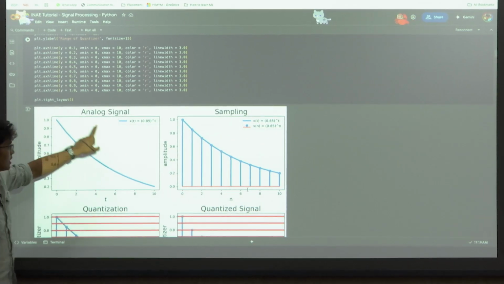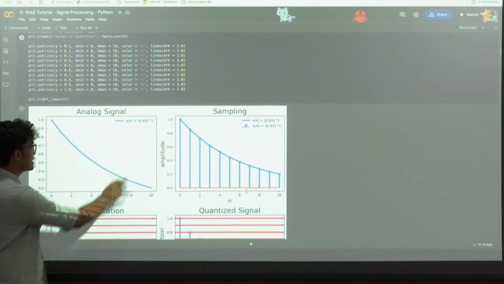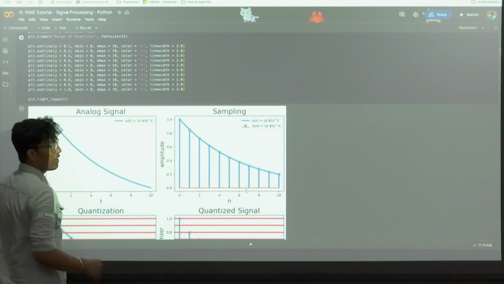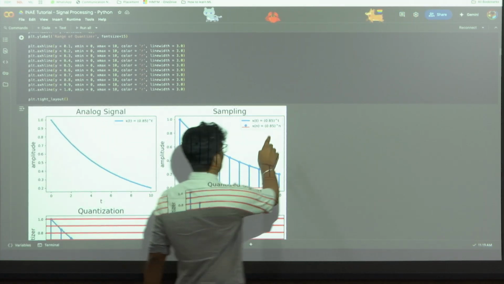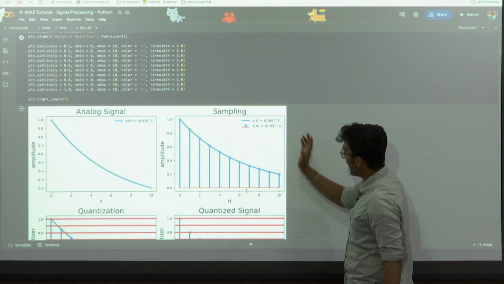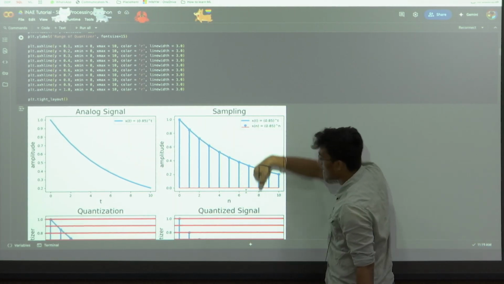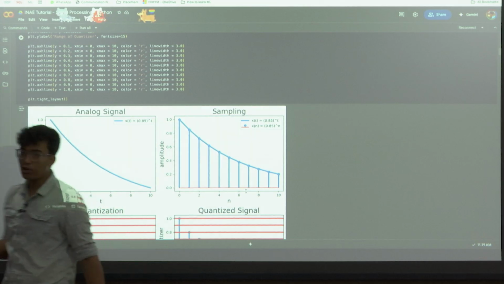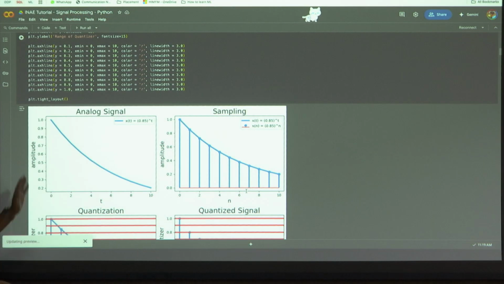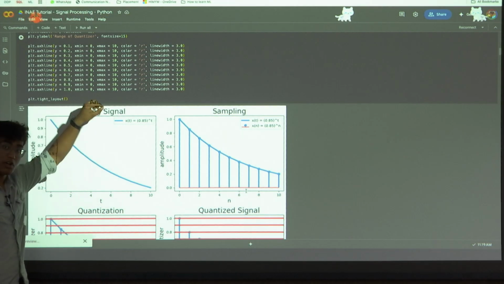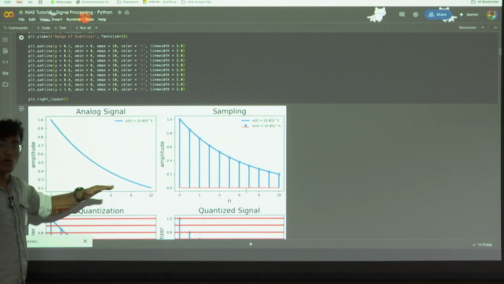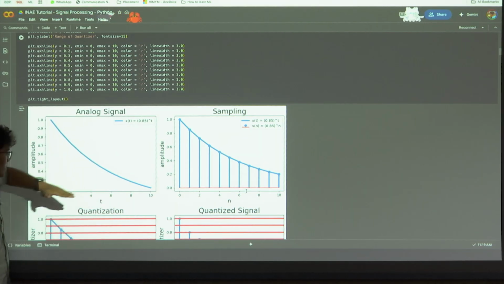How it will look like: if this is the basic signal, 0.85 power t, if we sample for nth intervals, we are getting these points. And I hope you all know what quantization is. If sampling is basically taking points from the x-axis, quantization is basically taking points from the y-axis, right?